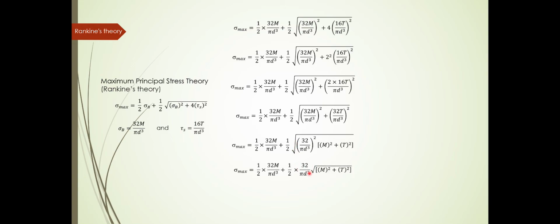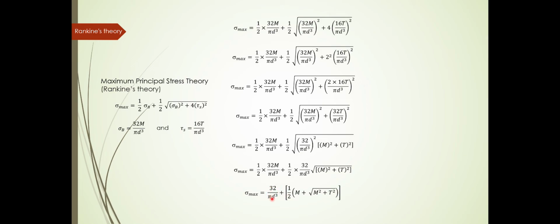So you have 32 over pi d cubed. Sorry, this is not a plus, it's a multiply sign. So the half M, and the square root of M squared plus T squared, this is times.